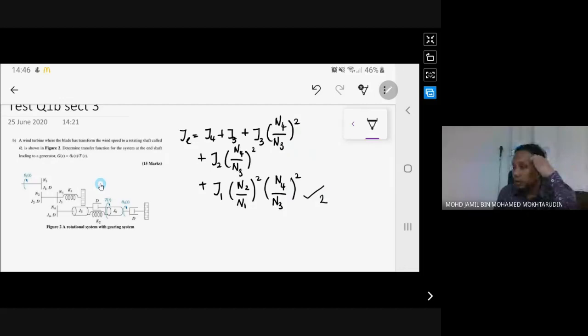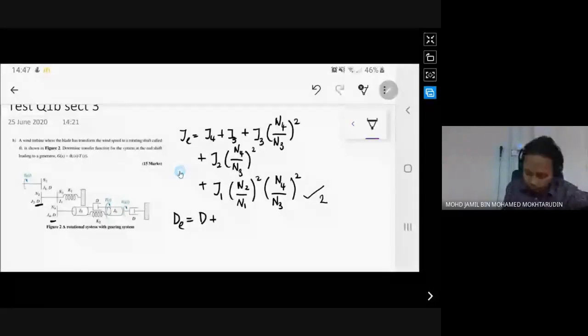Okay, then you need to transfer the damper. So here you have damper D, and you need to transfer 2 more dampers. So the first damper here, and another one is here. So the equivalent damper is this D plus this D times the gear ratio.